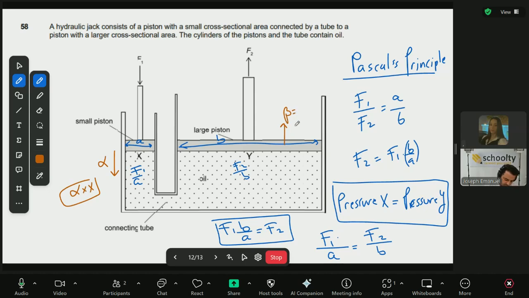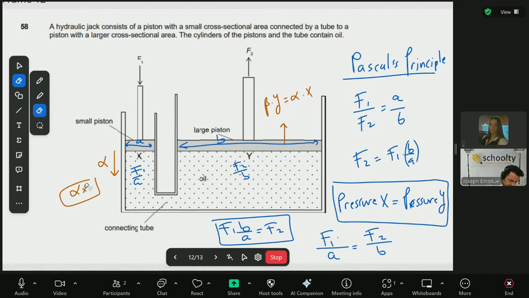It will be smaller. So the volume is beta times b, which should equal alpha times a. Sorry, not x and y, this is a and b, I'm confusing it with the points.